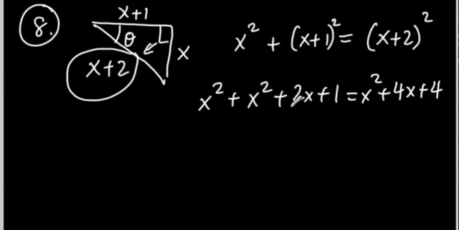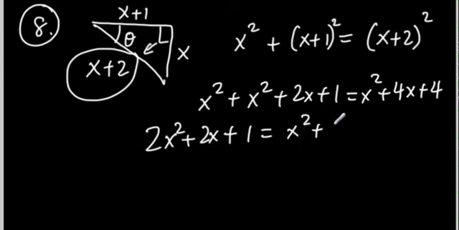Okay, so if we bring everything over to one side, let's just simplify this side. We have 2x squared plus 2x plus 1 is equal to x squared plus 4x plus 4.